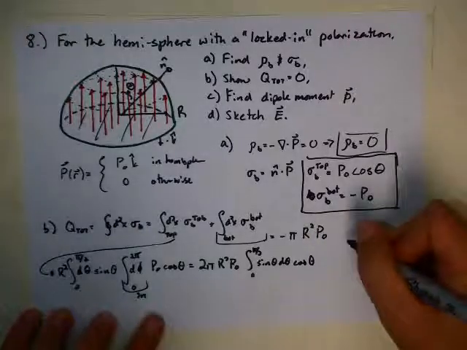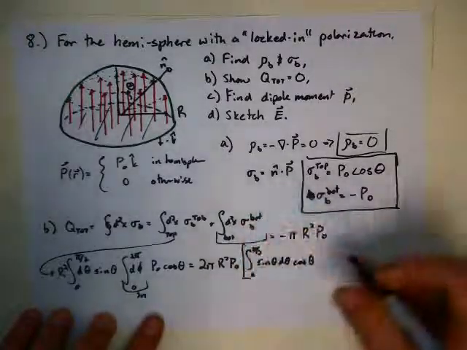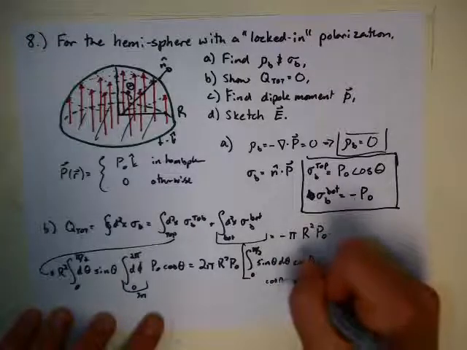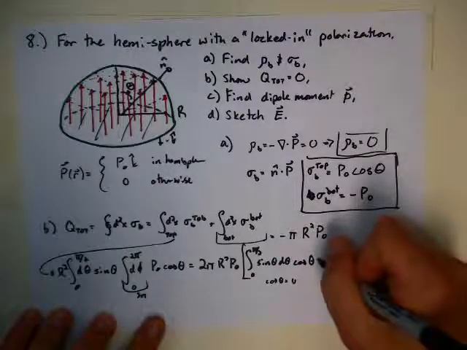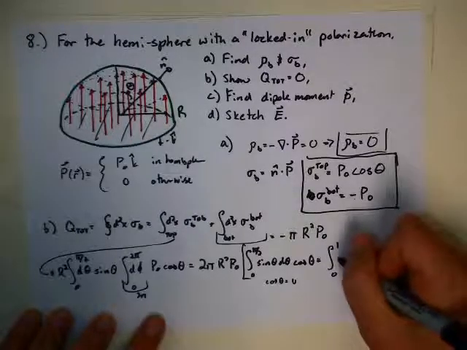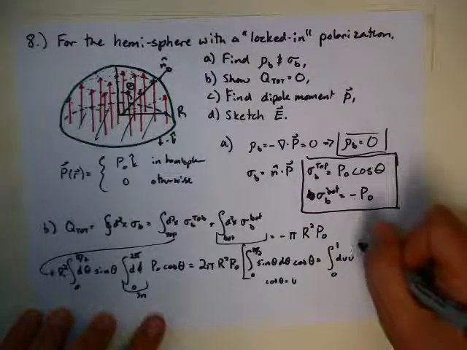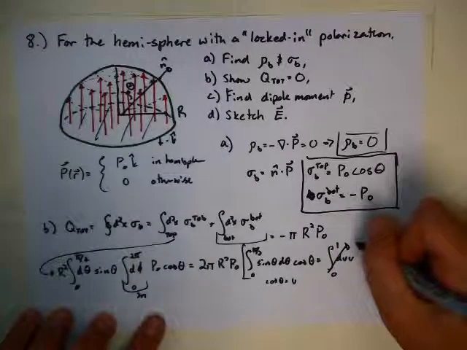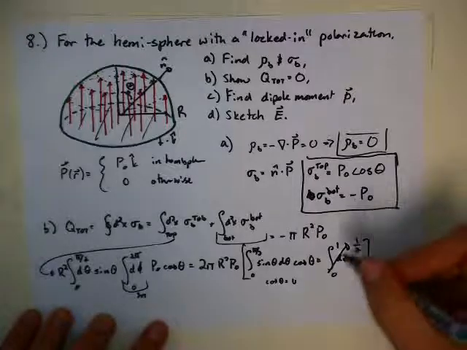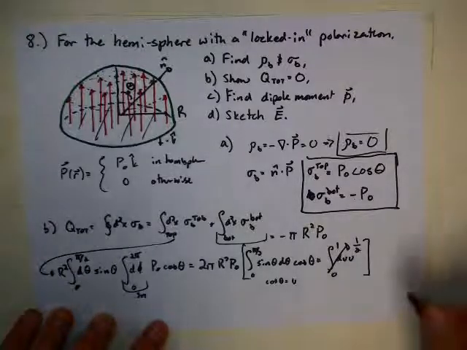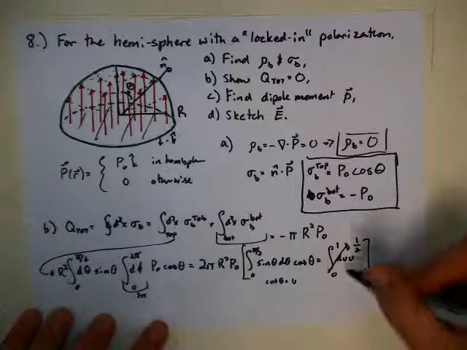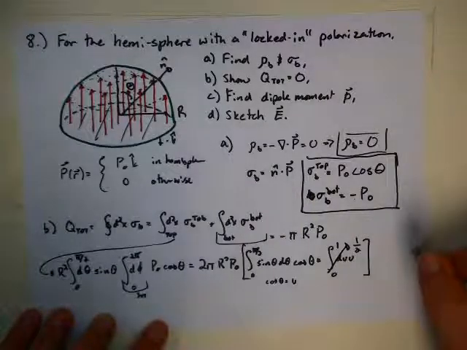Now we do a substitution, and the substitution we do is that cosine theta is equal to u. That's going to change this integral into an integral from 0 to 1 of u du, which is trivial to do. It's 1/2 u squared evaluated at 1 and 0, so it's just 1/2.